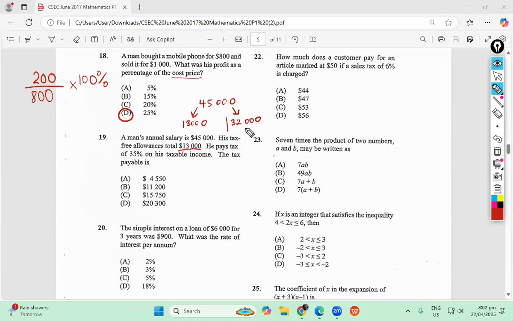The government could only tax the 32,000. They cannot tax the $13,000 portion. So how much is the tax? 35%. So they're going to take 35%, that poor man, right? So they take 35% of his $32,000.